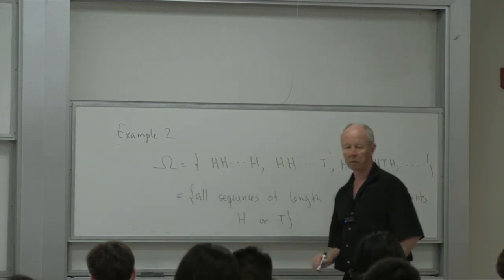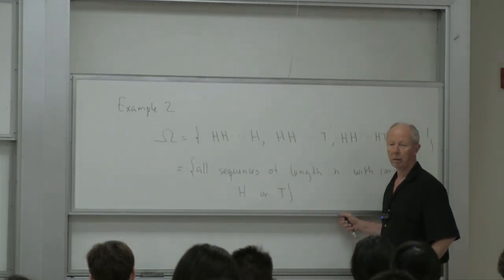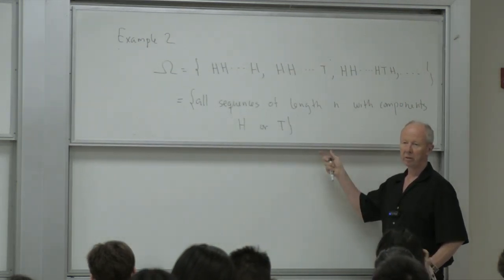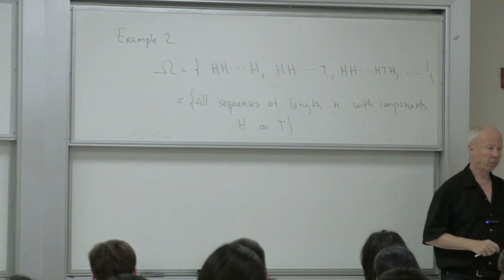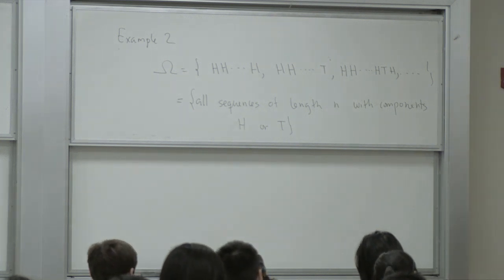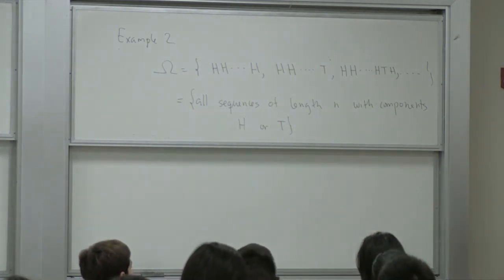In other words, two symbols, h or t. We could also think of these symbols as being replaced, h being replaced by s, and t being replaced by f.